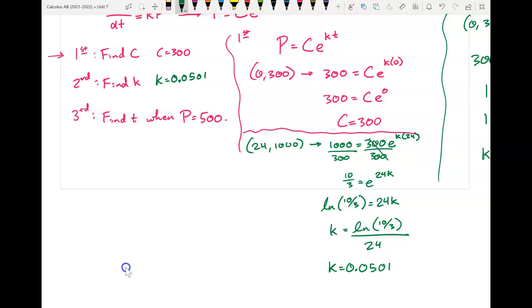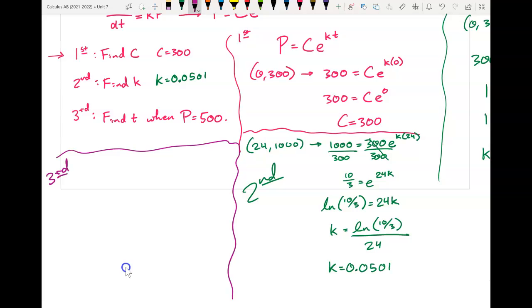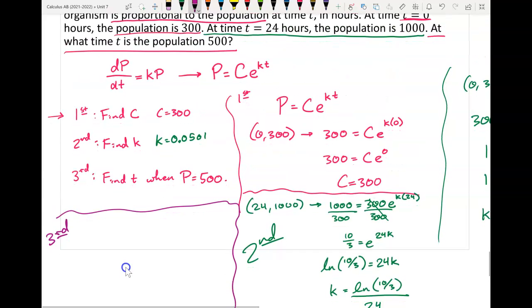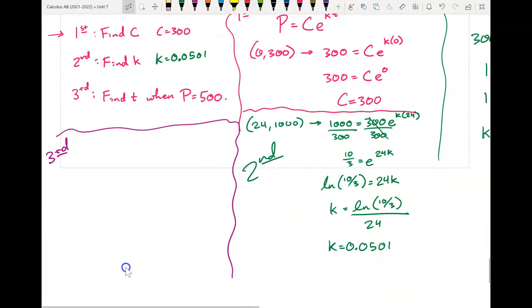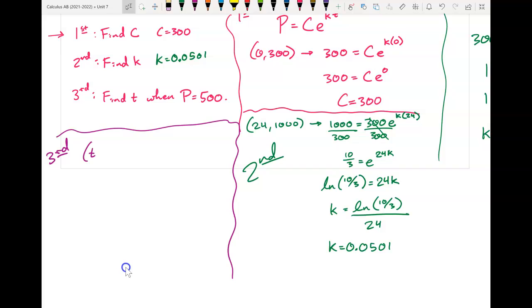All right, so let's just finish this up. So third, we need to find t. So that is going to be using our last bit of information. Now let's go ahead and do our third step, and that is going to be using the next one. It says, at what time t is population 500? So that would be the point t comma 500, where I don't know what t is.